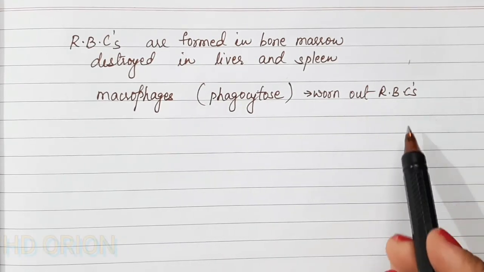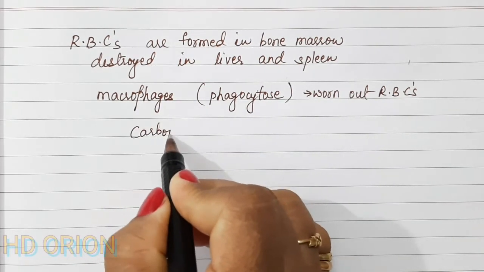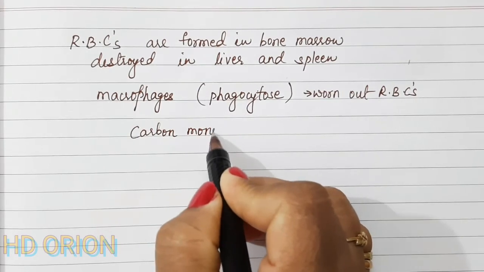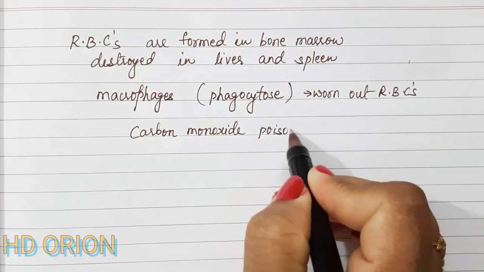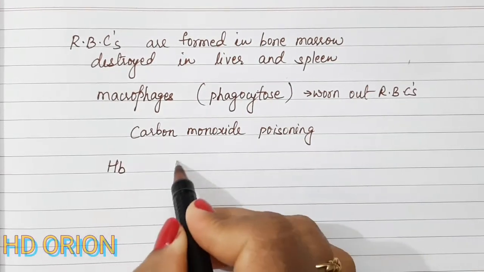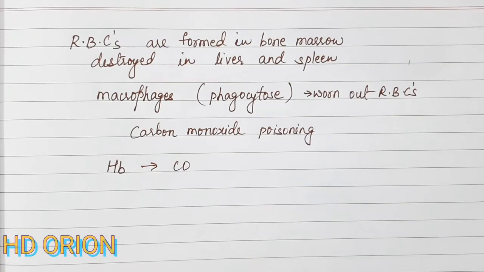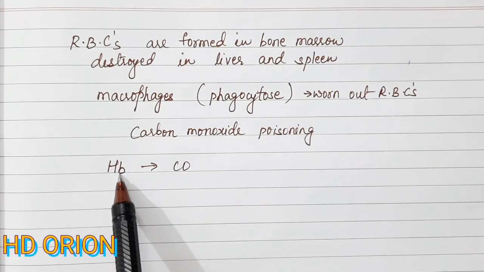Now there is a condition which is known as carbon monoxide poisoning. What is this? This is actually because of the hemoglobin's affinity for carbon monoxide. Previously in this video, I discussed that hemoglobin, when it associates with oxygen, forms an unstable compound. Unstable compound means it will dissociate easily.